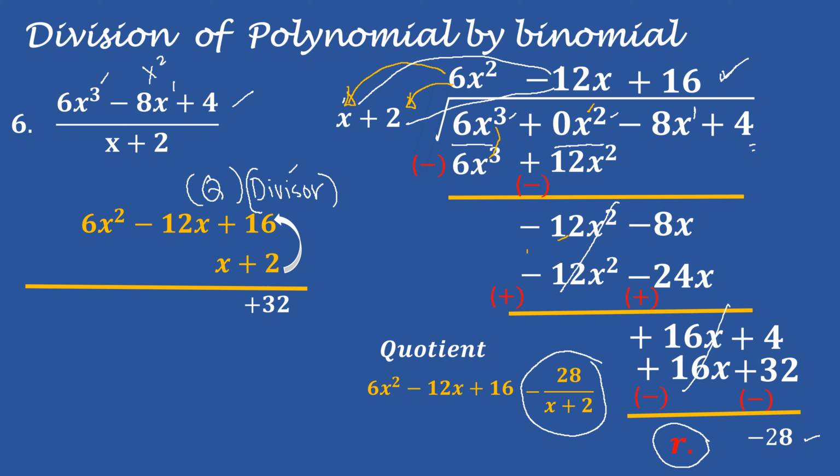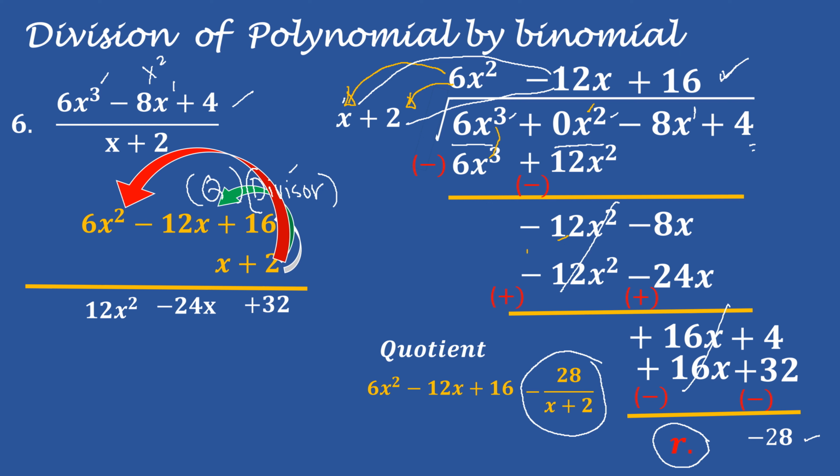And 2 will be distributed to negative 12x, and that will give us negative 24x. Then the 2 now will be multiplied to 6x squared, and it will give us positive 12x squared. Okay, so we are done with the 2.